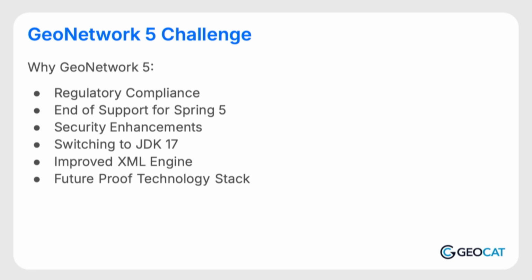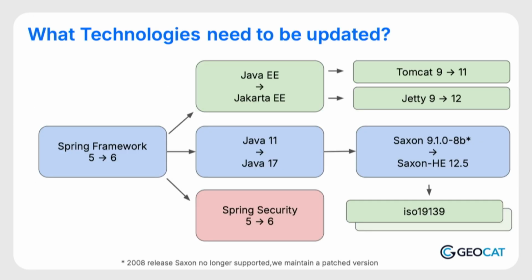For GeoNetwork 5, we are running into a motivation for this, in that the library we use to put GeoNetwork together is called Spring Framework, and the version we're using has reached end of life. And that has a knock-on effect. We have to update a whole bunch of different technologies.